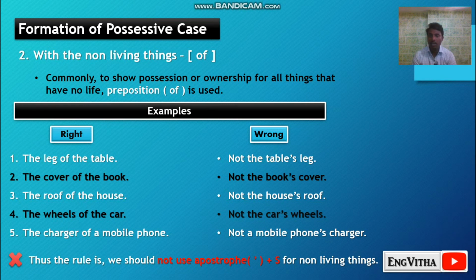That is the leg of the table, the cover of the book, the roof of the house, the wheels of the car, and lastly the charger of a mobile phone is the correct way of showing possession for non-living things. Then let us do an exercise on the fourth lecture.